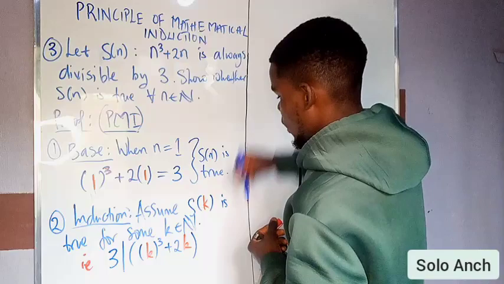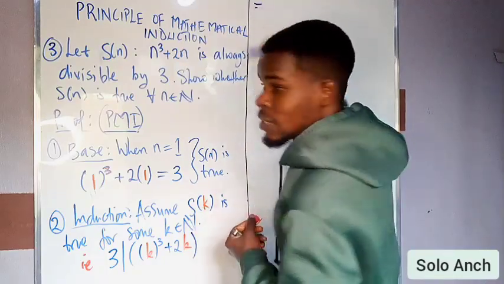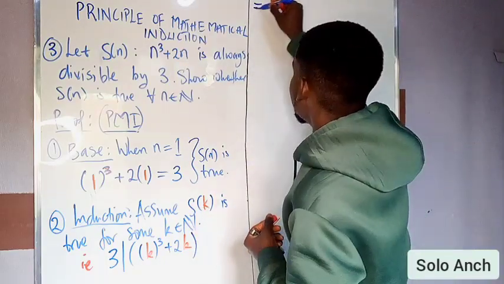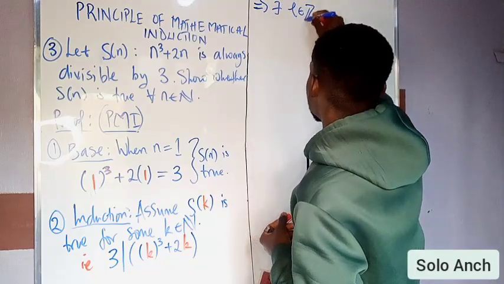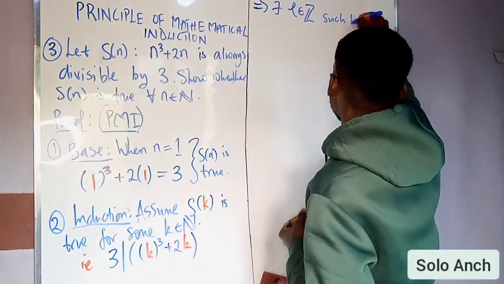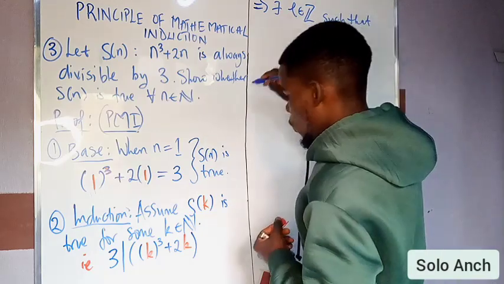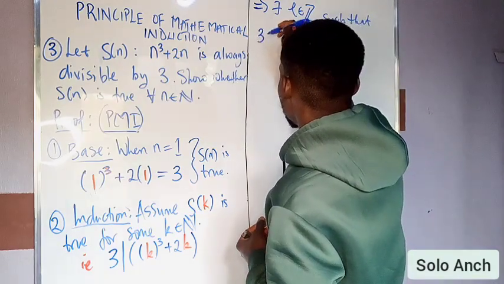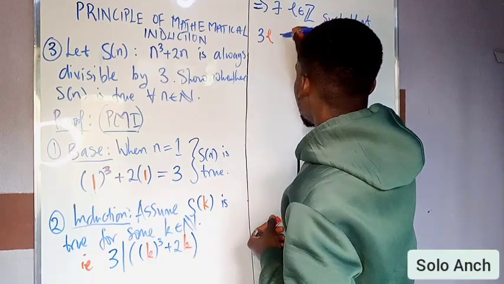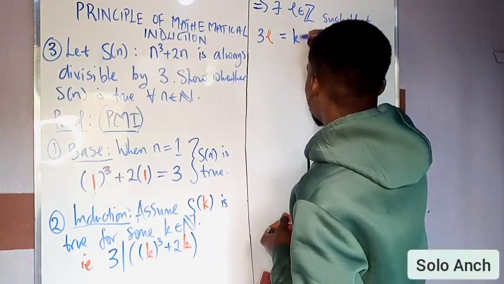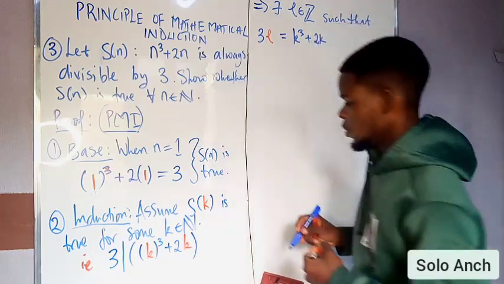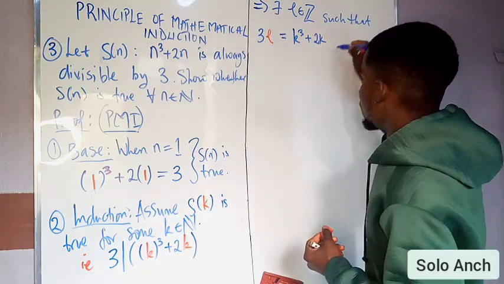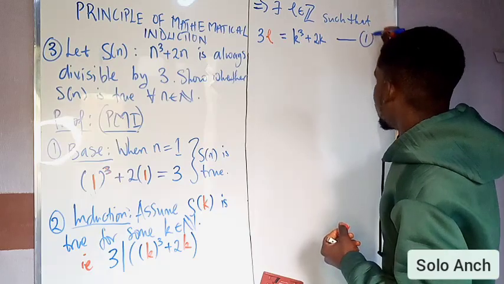So that implies that there is an integer, let's call it L, such that when we multiply that integer L by 3, the result is going to give us k cubed plus 2k. Good. That is the assumption. So we can call this equation 1.